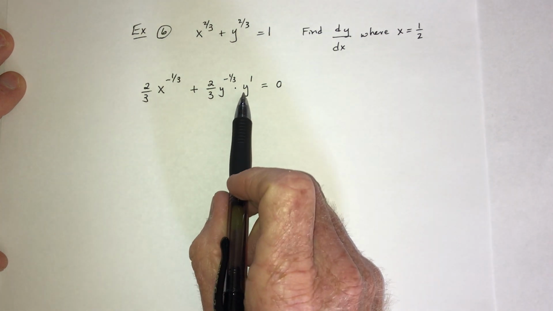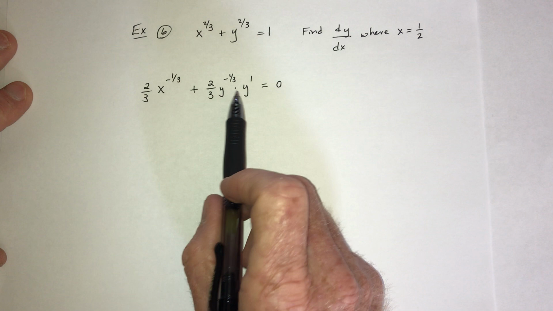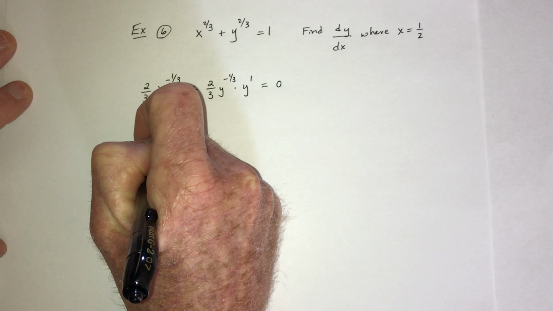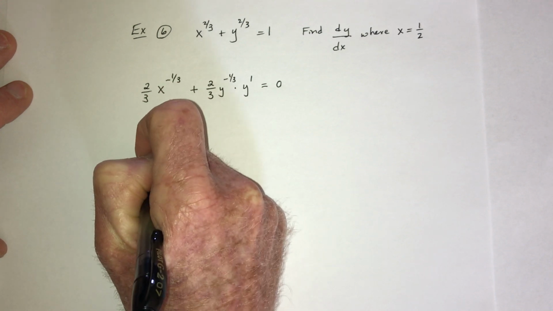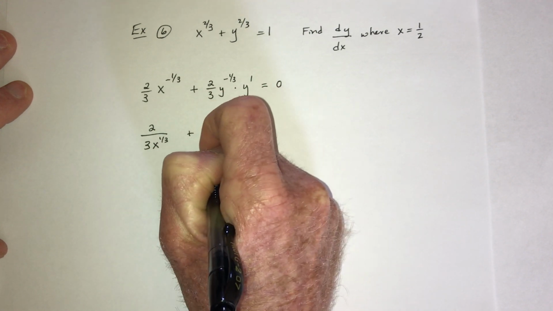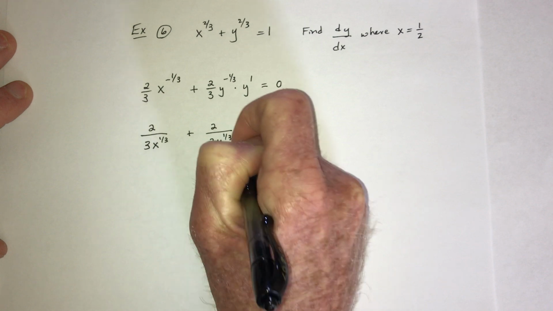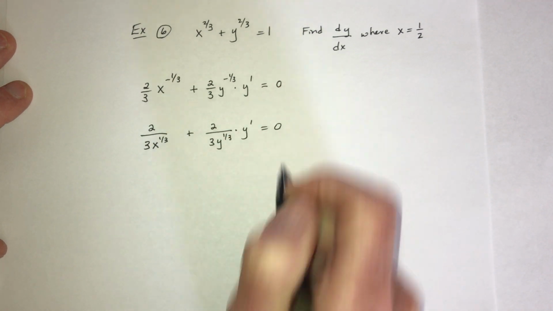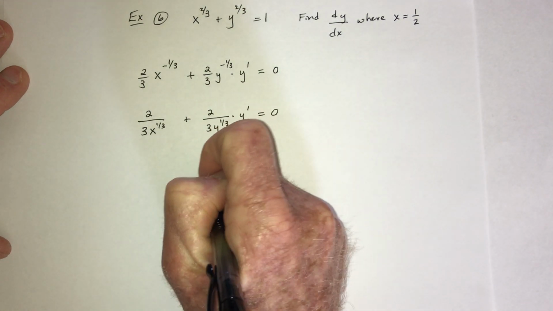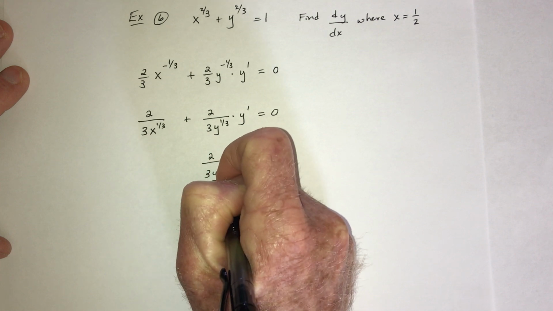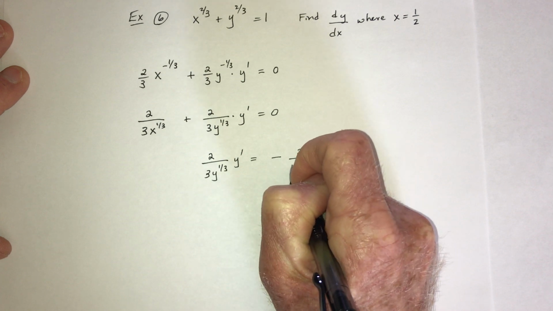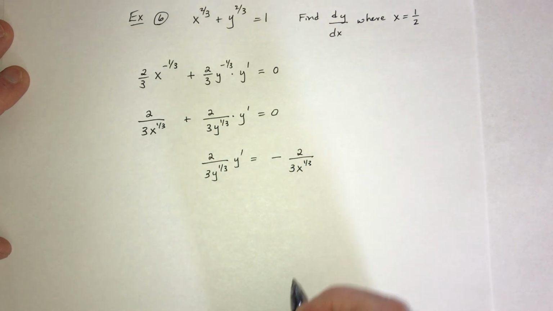Now do the algebra to solve for y prime. Well, I don't like doing algebra with negative exponents, so I'm going to rewrite this as 2 over 3x to the 1/3 and 2 over 3y to the 1/3 times y prime equals 0. Okay, that looks better. Now subtract this term. So on the right side, it'll be negative 2 over 3x to the 1/3.